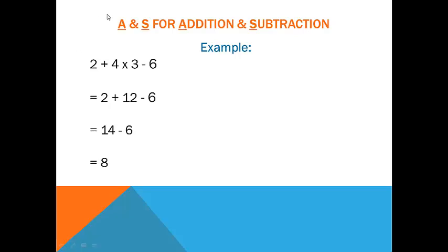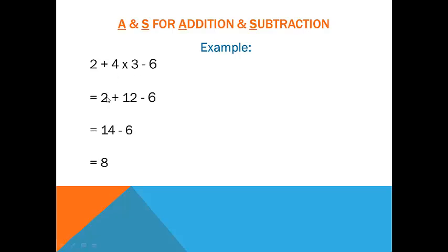So the A and S for addition and subtraction in BEDMAS is kind of like the division and multiplication rule, where they are a package deal. They go together. So whichever one, addition or subtraction, you can just do it from left to right. So here we have this, so 2 plus 4 times 3 minus 6. So first, we compute the multiplication, because that's number 1 before addition and subtraction.